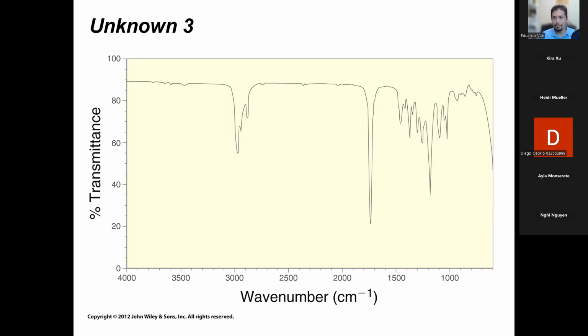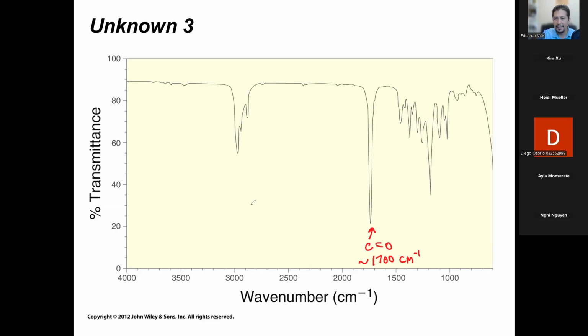There's a carbonyl. Where's it at? It's at 1700. 1710, 1720, I don't know, right? Yeah, it's a carbonyl. And you can just say roughly 1700 inverse centimeters or just 1700 wave numbers.